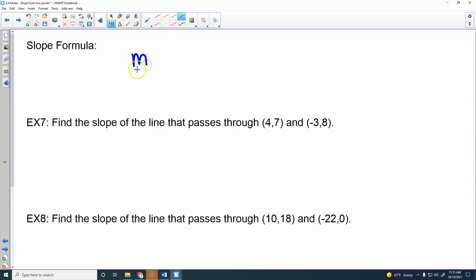I can't remember, but for some reason we always use the letter M for slope. So M is our slope. M equals y2 minus y1 over x2 minus x1. Make sure you have that written there where it says slope formula.